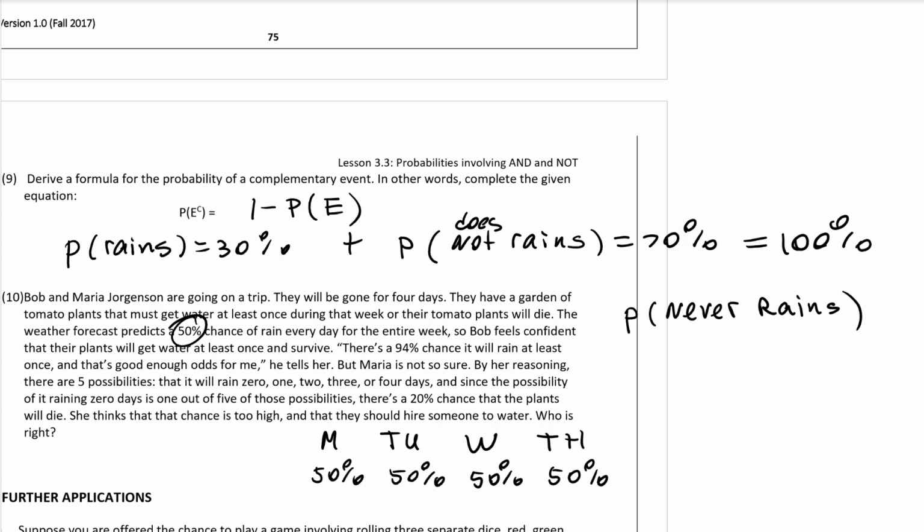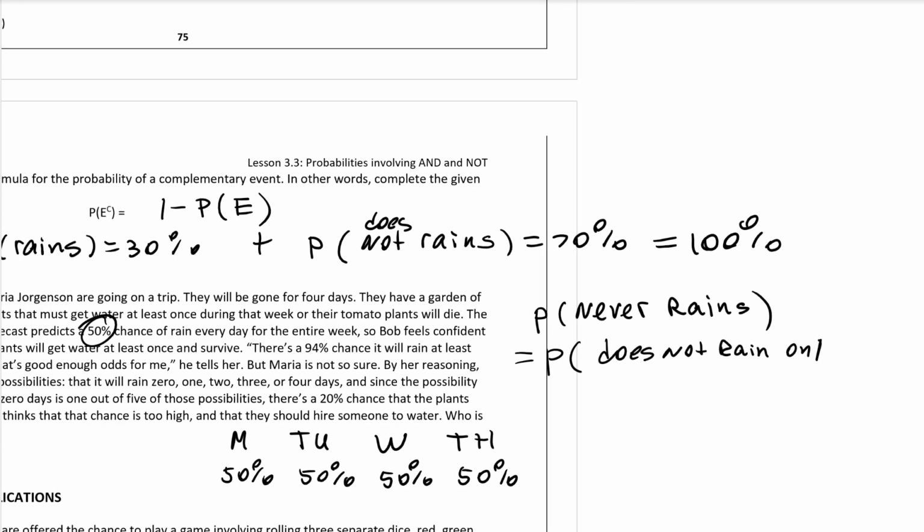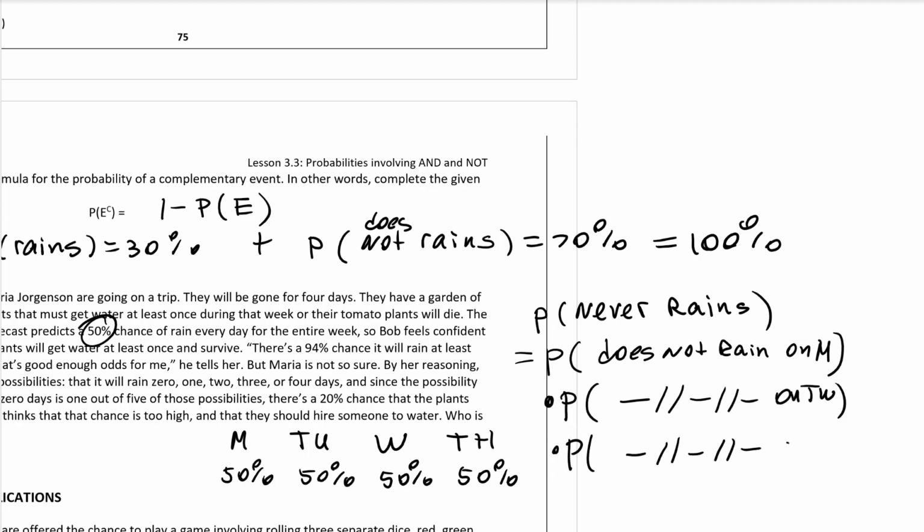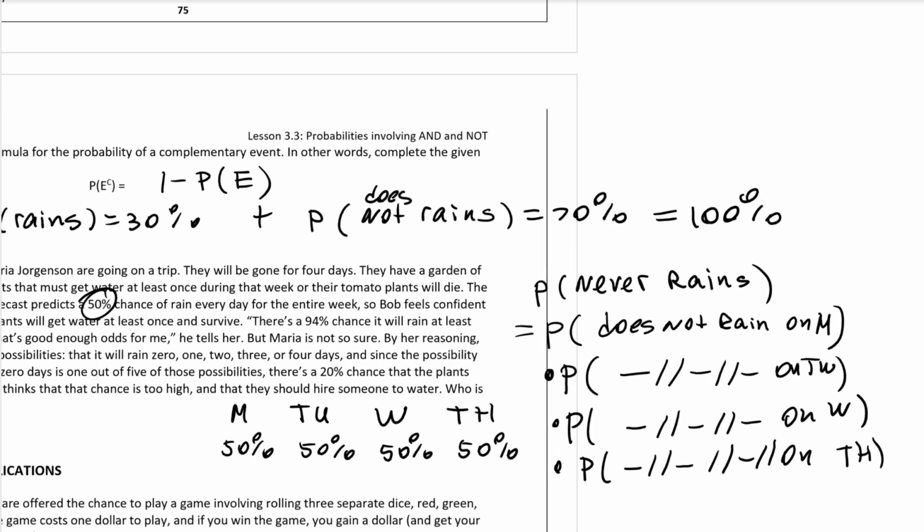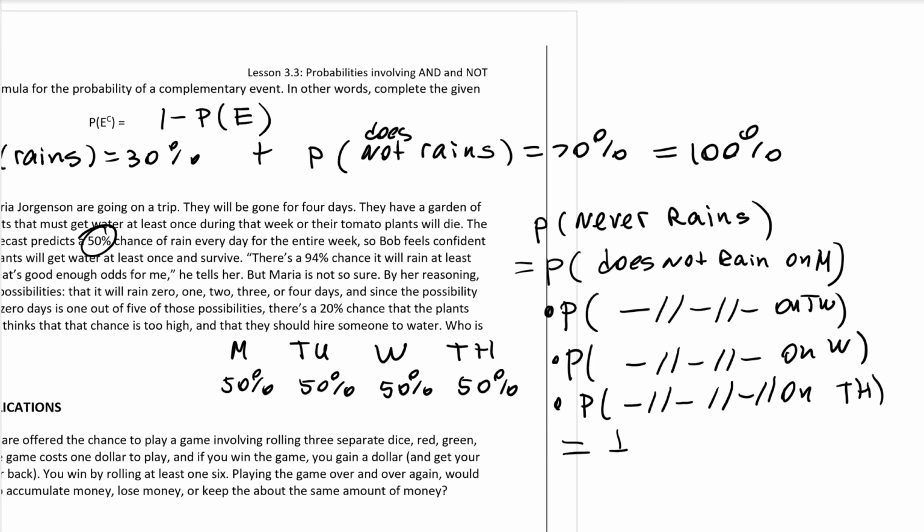So if we assume that, then the probability that it never rains is the probability that it does not rain on Monday, multiplied by the probability that it does not rain on Tuesday, times the probability that it does not rain on Wednesday, times the probability that it does not rain on Thursday. And the probability that it does not rain is going to be 1/2 on each day, correct?